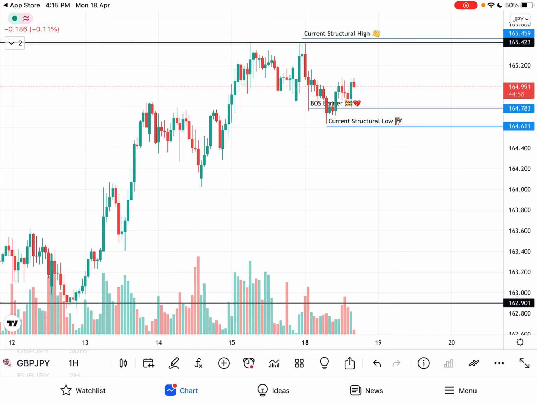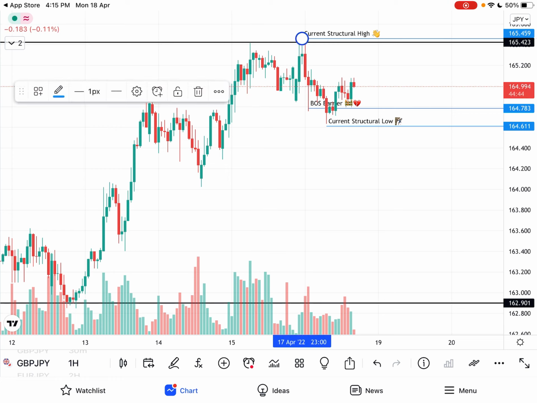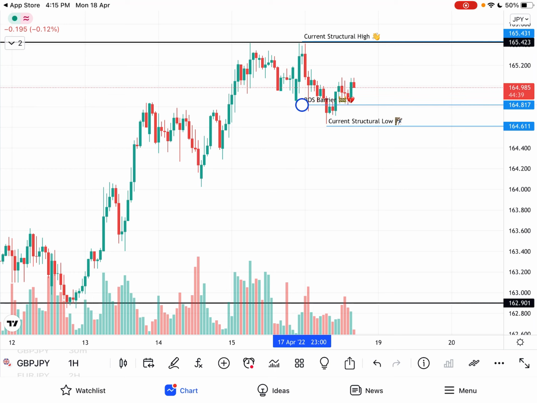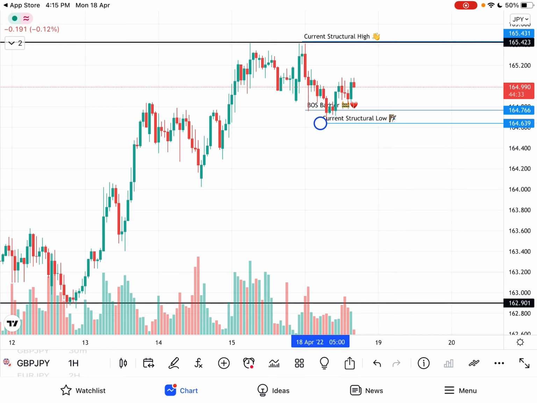We point on this green candle as the last bullish candle before sellers took over the market and brought the market down. Now let me adjust it well to fit, and then this, adjust it well to fit, and then this, adjust it well to fit. Are we good?